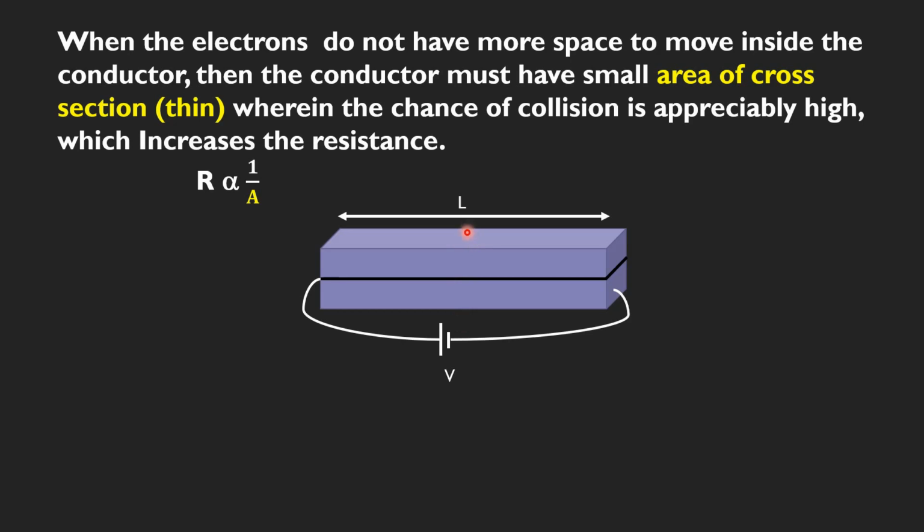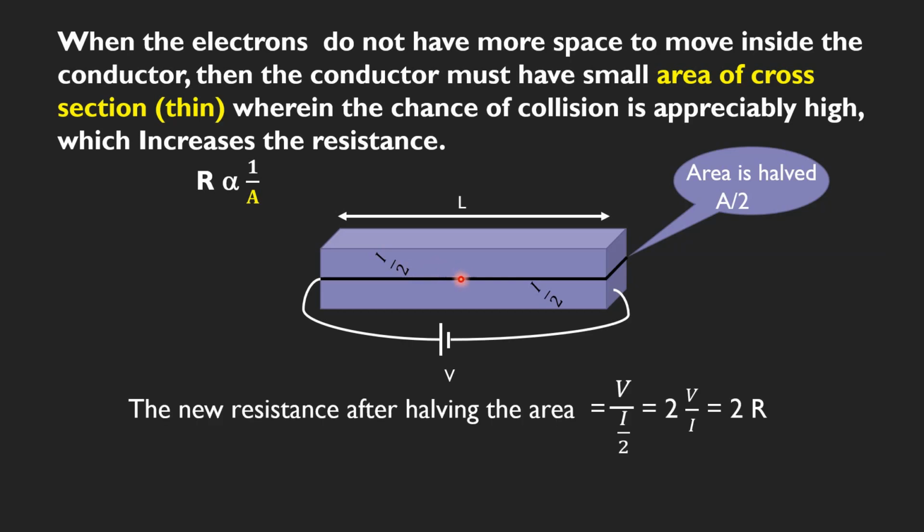If I want to cut the conductor, I have to cut along this cross section. If you cut along this cross section, it represents that the area of cross section of the conductor is halved. Now the area of cross section is halved, so the current through the conductor is also halved. If the area is halved, the current passing through the conductor is also getting halved.